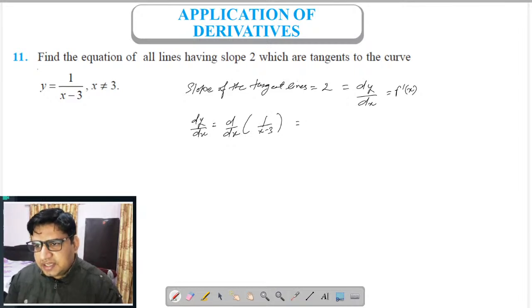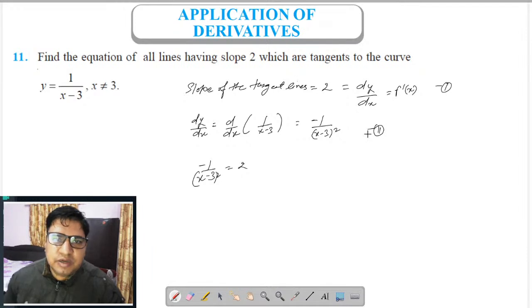If you solve this, it will be minus 1 upon (x minus 3) whole square. This must be equal to 2, so minus 1 upon (x minus 3) square is equal to 2. This is the first equation, and the second we get from finding dy by dx of y.